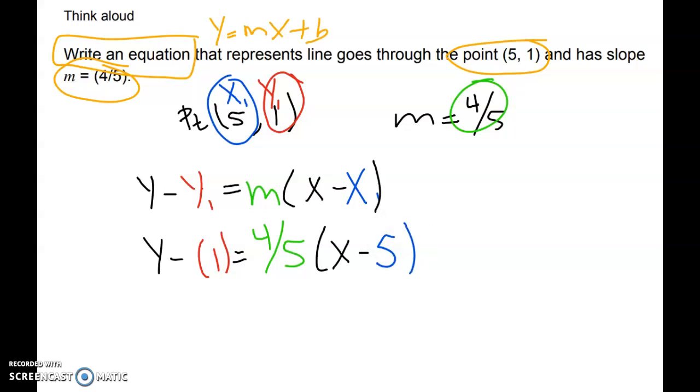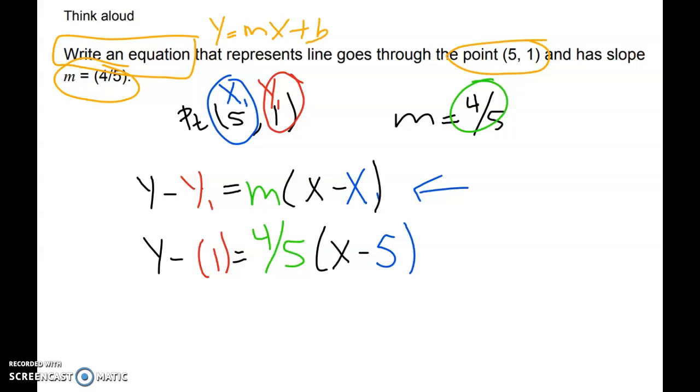Now I have this. Well, I know I eventually want to find my y equals mx plus b, slope-intercept form. I know I could actually make this equation into slope-intercept. All I have to do is simplify this equation. The very first thing I see is that I have a set of parentheses.